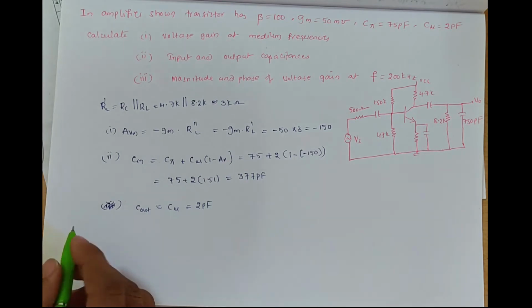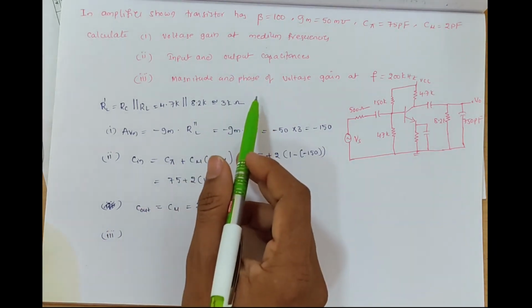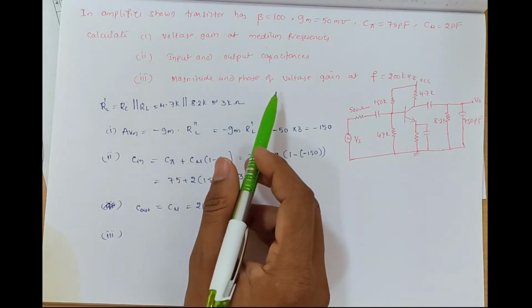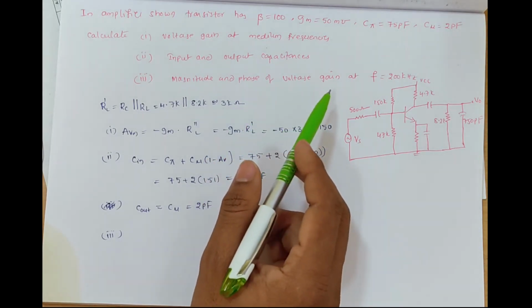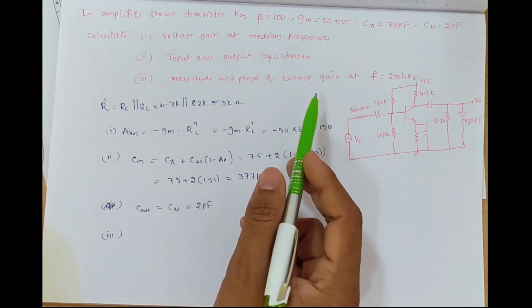Next, the third question: we need to calculate the magnitude and phase of voltage gain at frequency equals 200 kHz.